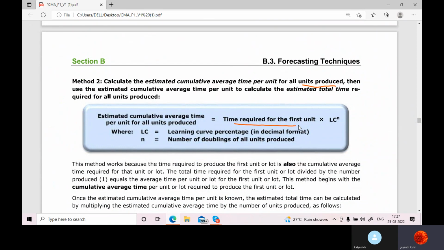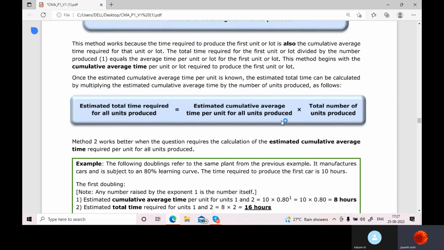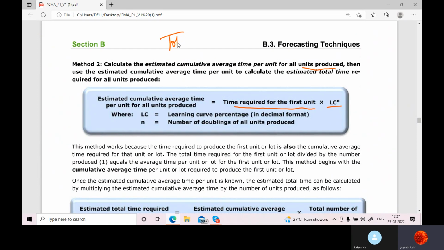So time required for the first unit into learning curve power n, that is the number of doublings, will give you the estimated cumulative average time per unit, and then you have to multiply with the total number of units produced. That means when you have total, you can find out per unit, correct? That was the first method. Now the second method says when you have per unit, you can multiply with total units. Correct or wrong? Yes, sir.